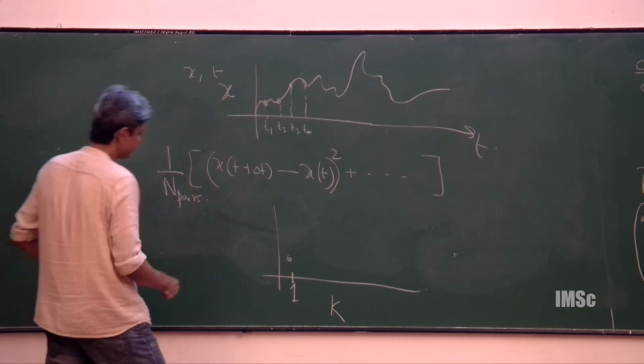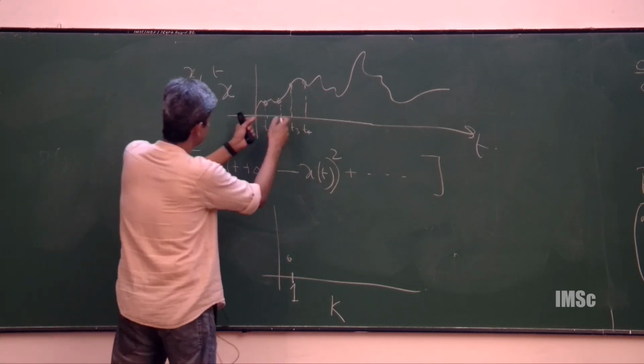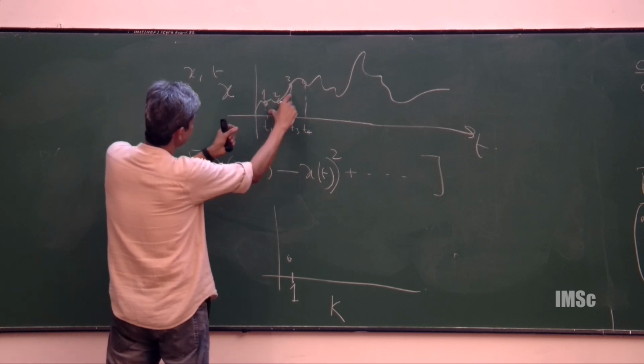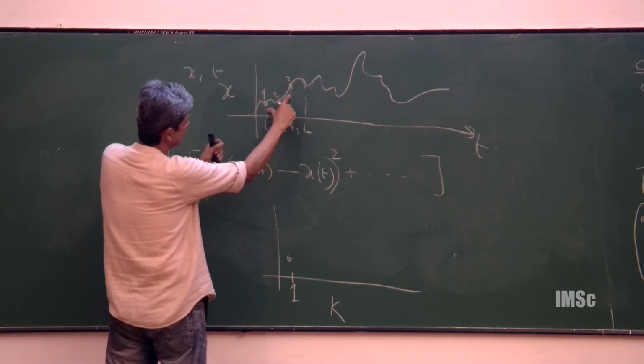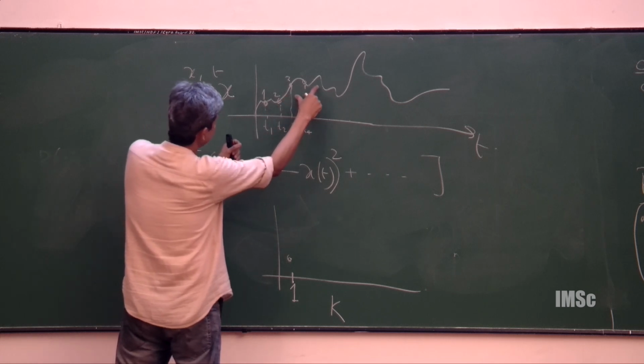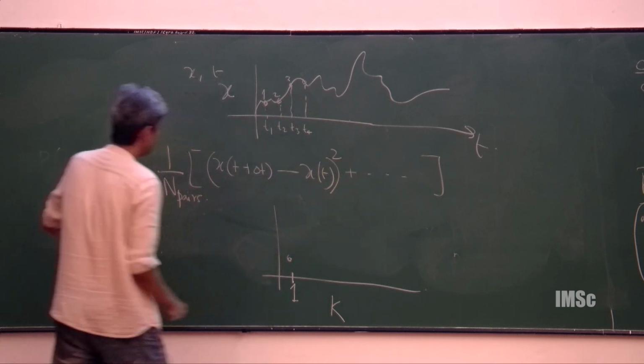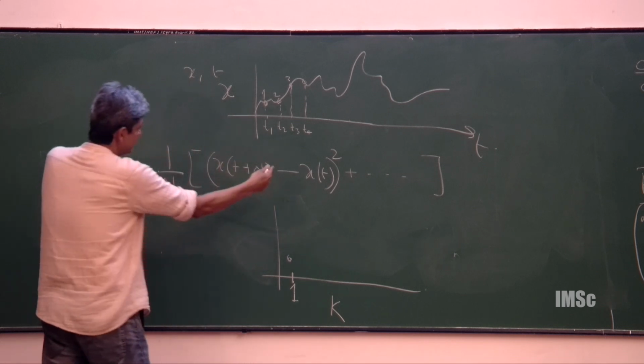Now in the next instant, I increase the gap. I had 1, 2, 3. I look at the difference between 3 and 1. And again 5 and 4 and 2, 5 and 3, and so on. And then again do the same thing.